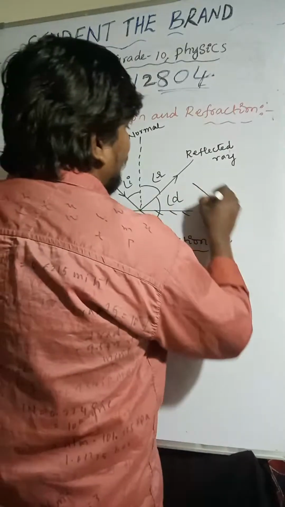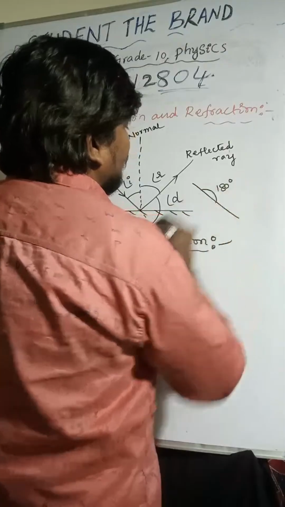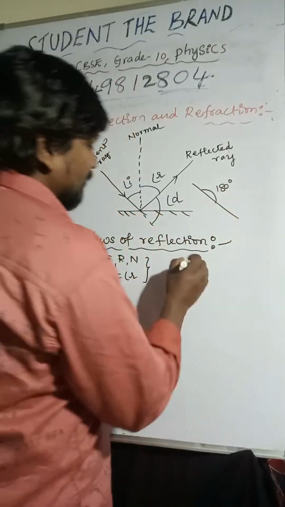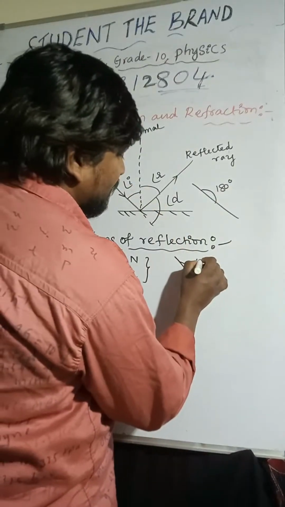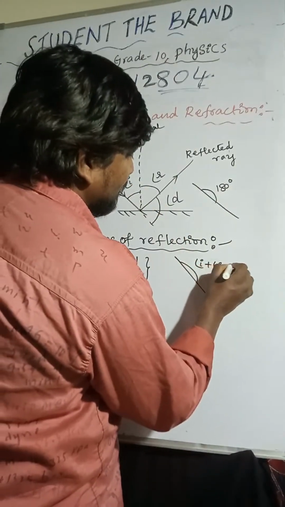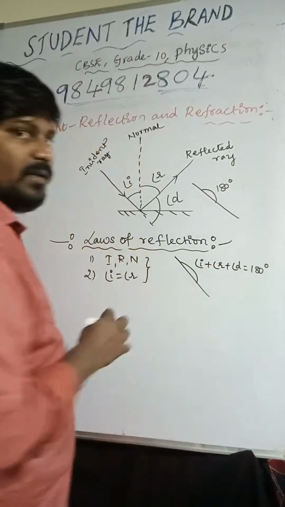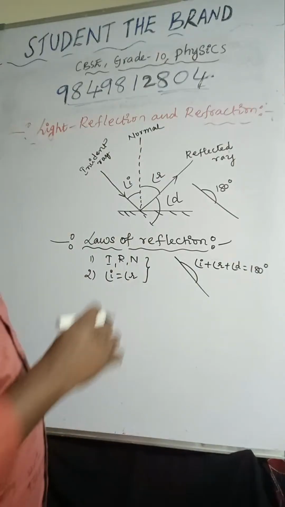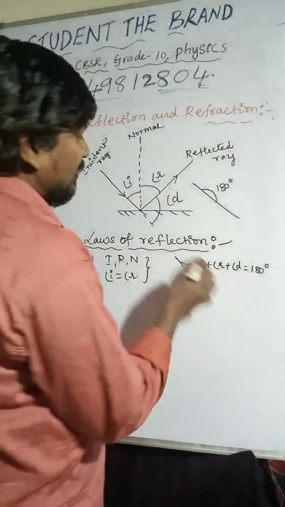So linear angle you are taking, linear angle is 180 degrees. So in that I can take angle of incidence plus angle of reflection plus angle of deviation equal to 180 degrees. According to the definition, angle of incidence is equal to angle of reflection.